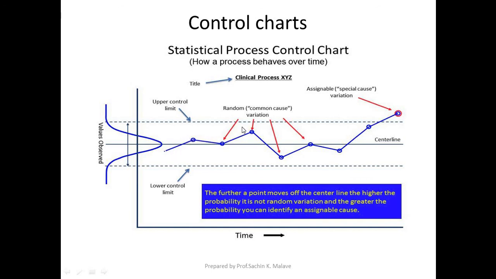Suppose you are finding out, let us say, the hardness of various components. You have to write down your target, what the hardness should be, and then the upper control limit and the lower control limit. Suppose the required hardness is 180 BHN and the tolerance given is plus or minus 10 BHN.